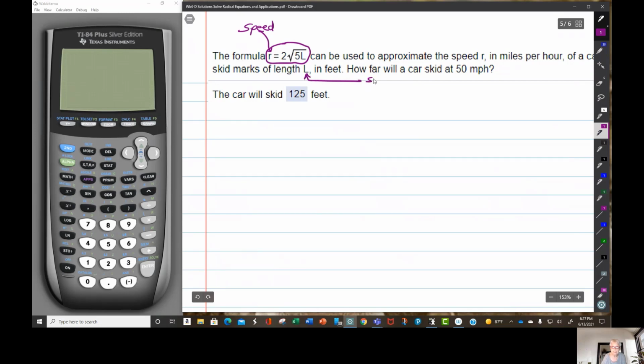Skid marks. Oh, that just brought back such bad memories to me. Oh well, we overcome. How far will a car skid at 50 miles per hour?